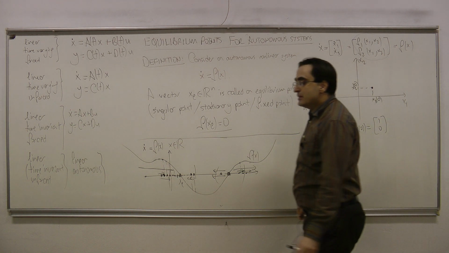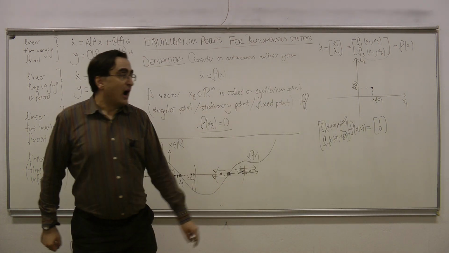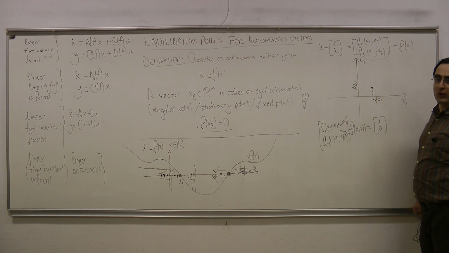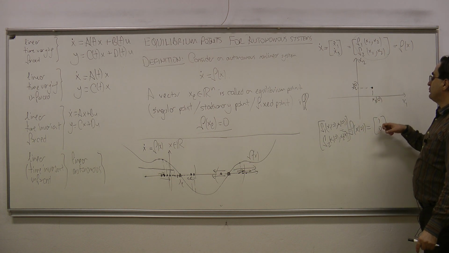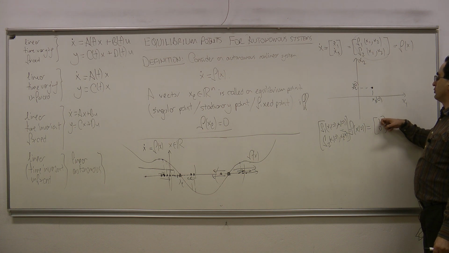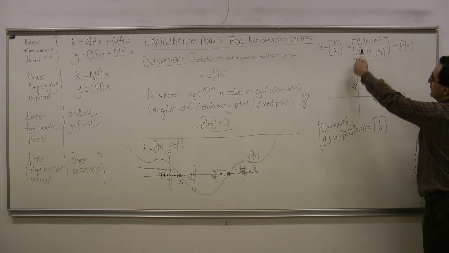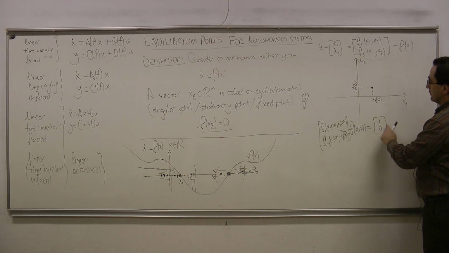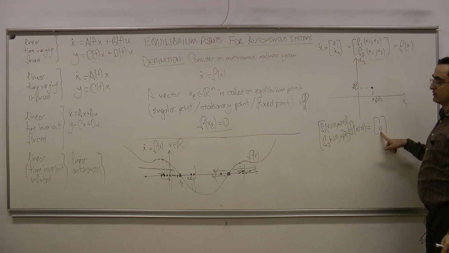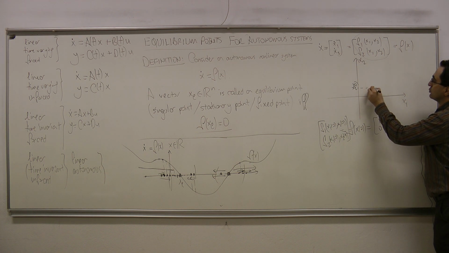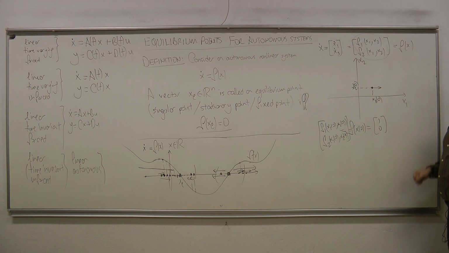In that case, how will the state move away from this point? I know that the rate of change of x1 is 1, so x1 is going to increase. On the other hand, x2 is going to remain constant because its rate of change is 0. So the state is going to move in this direction.